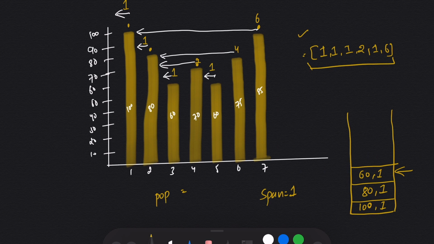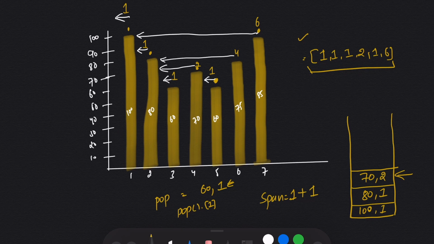The value popped will be 60 and 1, but we need this one, so we will take the element at the first index and add that value to my span. So now my span is equal to 2, and I will pop it from here. Now I will insert 70 with span value 2.